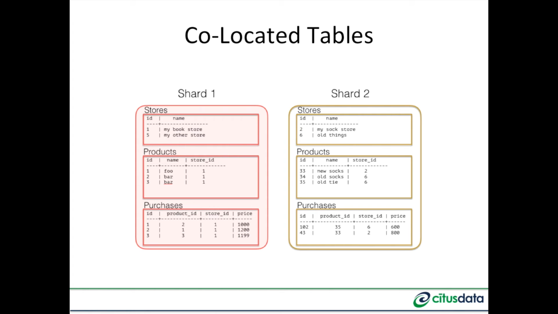The one important concept here is that you need to add a tenant ID to each of those tables. So here we have the store's ID, the product store ID, and the purchases store ID. That is necessary so that Citus can route the queries correctly and helps us verify that this is actually a co-located table.